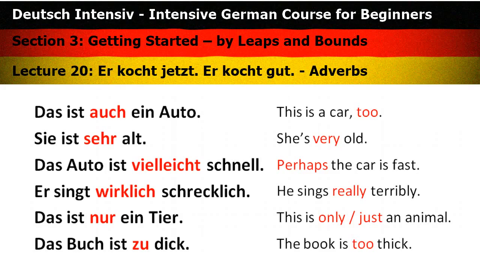Now let's repeat. Das ist auch ein Auto. Sie ist sehr alt. Das Auto ist vielleicht schnell.